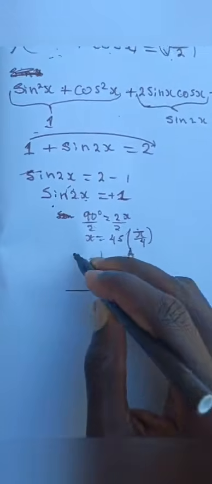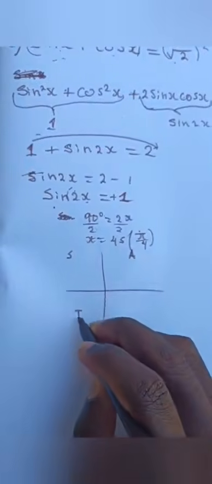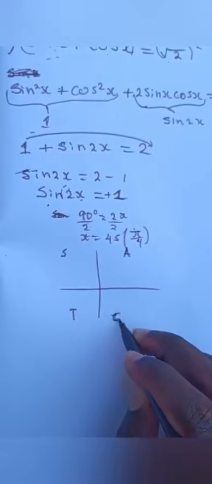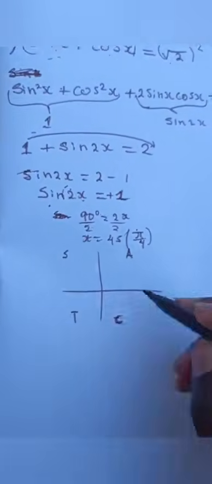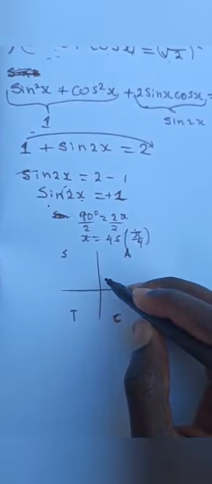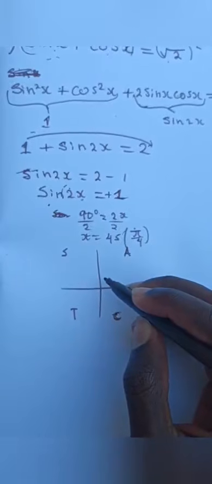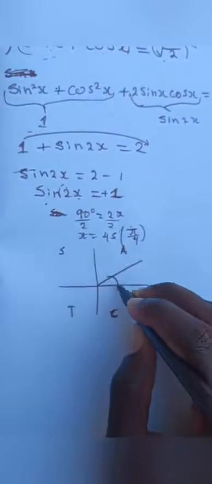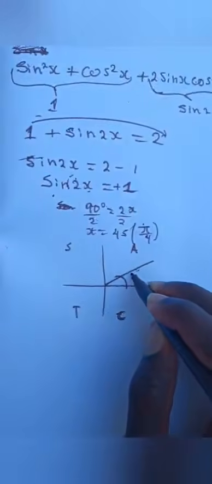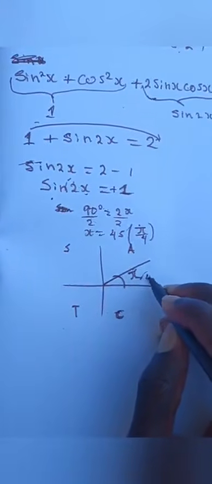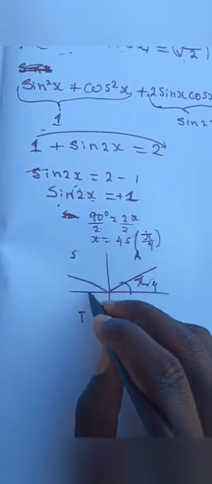Remember, all students take... in which quadrant are you going to find sine is positive? In the first quadrant, right? Provided that here is 45 degrees, then also in this quadrant here.